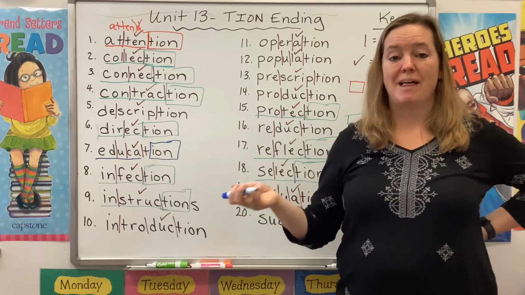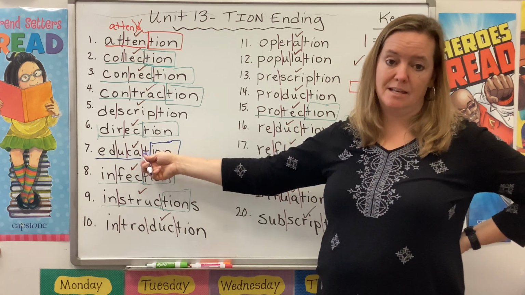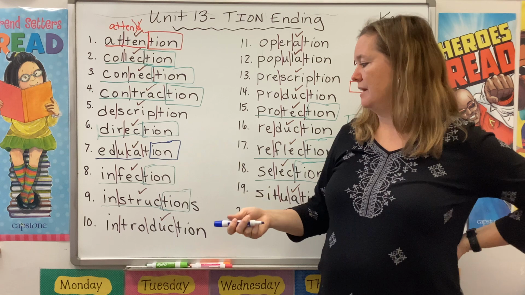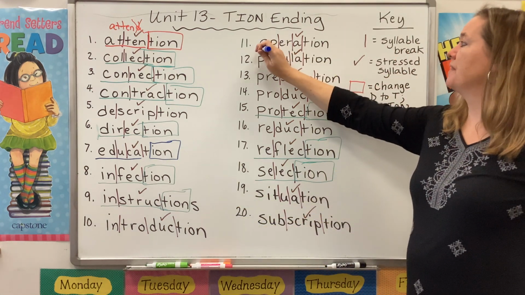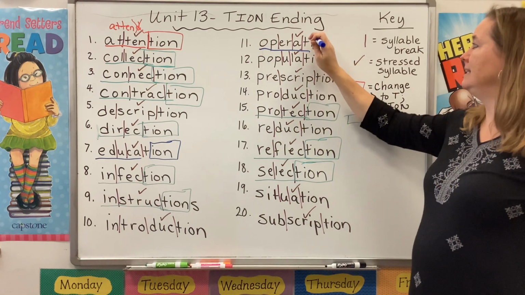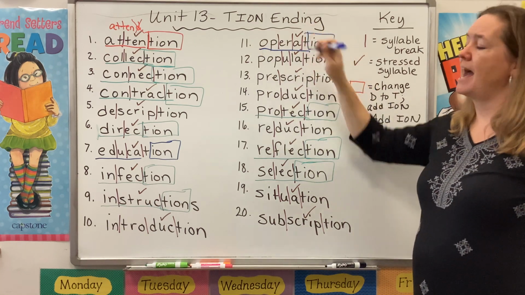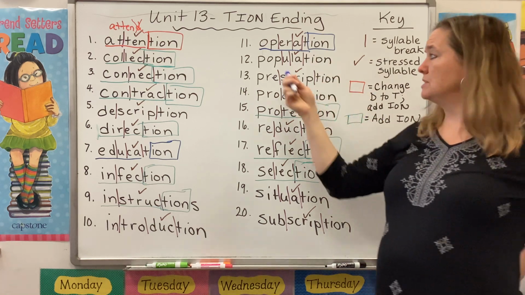We have to drop that E, right? So that's why we take the E off of educate before we add ION. Same thing with operate. Drop the silent E, add ION. Okay? Same thing with, what's the verb here?